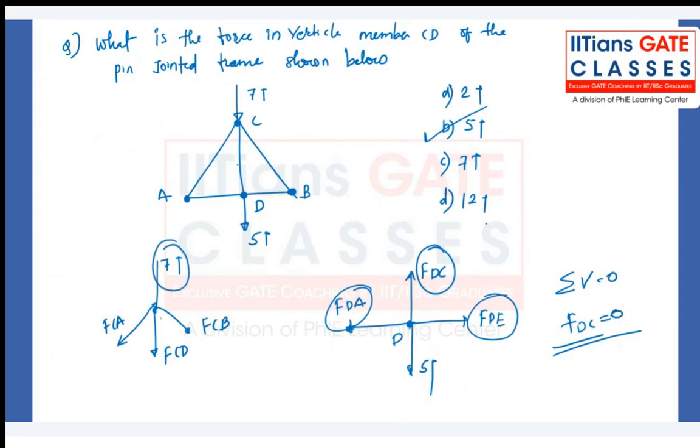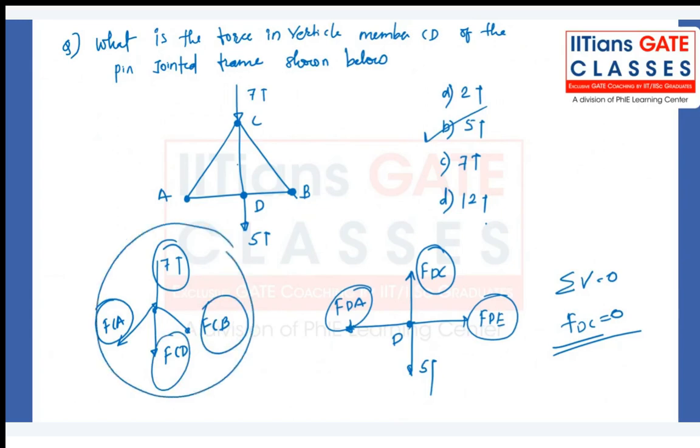We don't know the values, so we have three unknowns. This is complicated if we choose point C, and that is why we are using point D here, because the things are simpler. CD is the member which will carry the load, so you can either choose point D or point C, whichever makes the calculation easier. Okay.